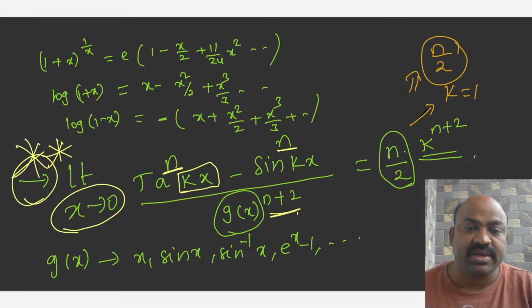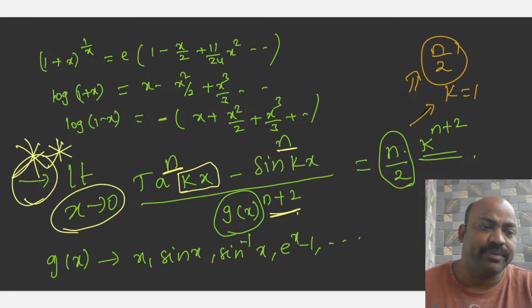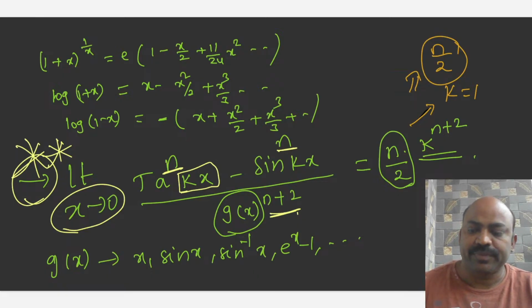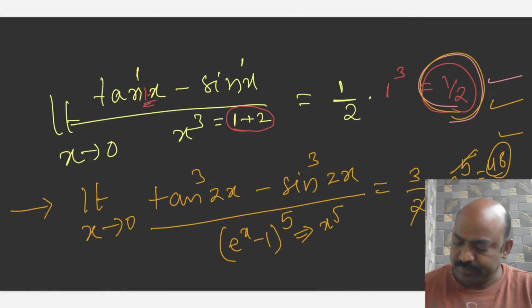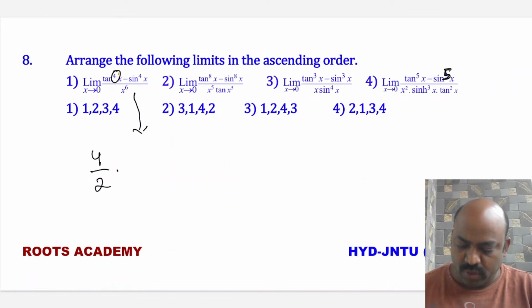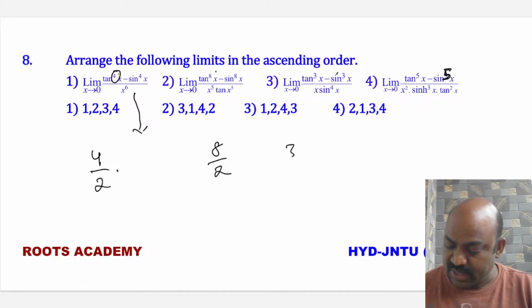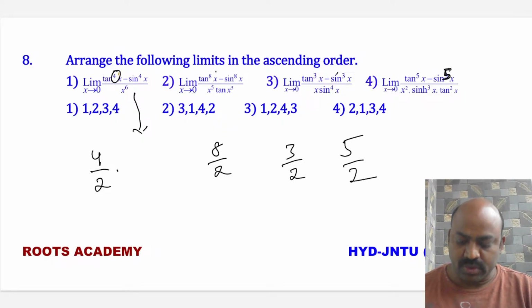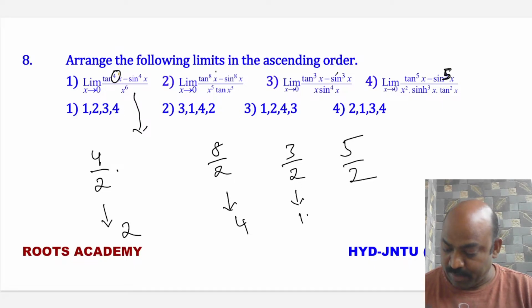So 4 by 2, 8 by 2, 3 by 2, 5 by 2. So the values are 2, 4, 1.5 and 2.5.